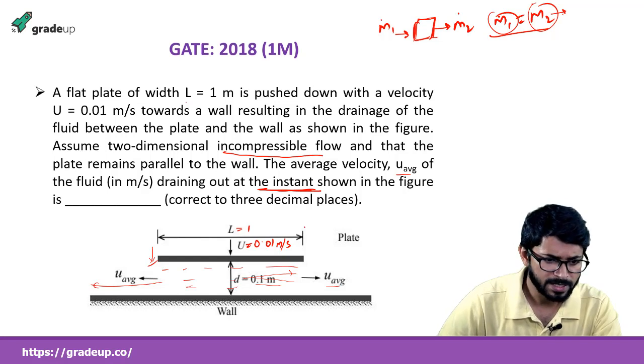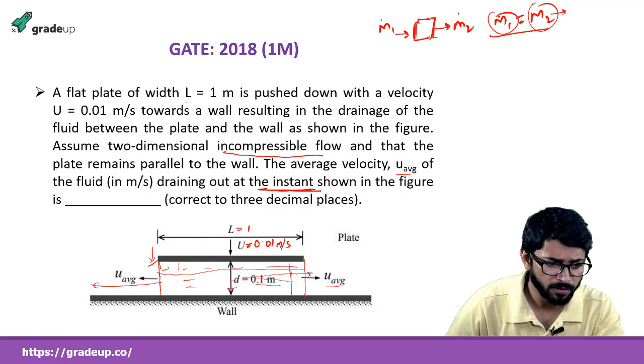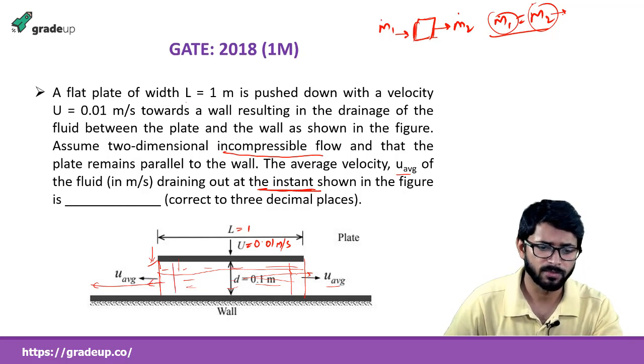So here, by conservation of mass, we can say the mass that the upper plate displaces downward will be coming outward from both directions.